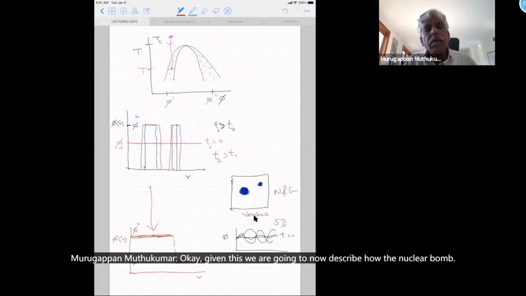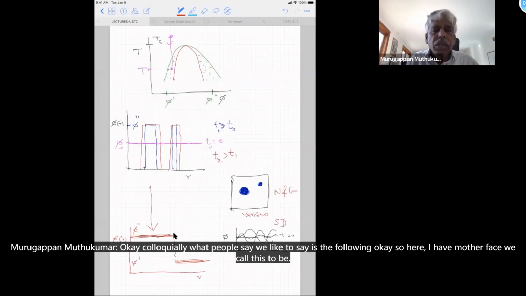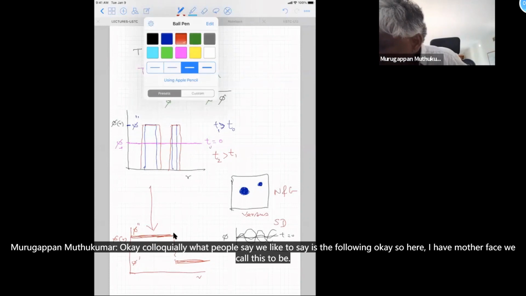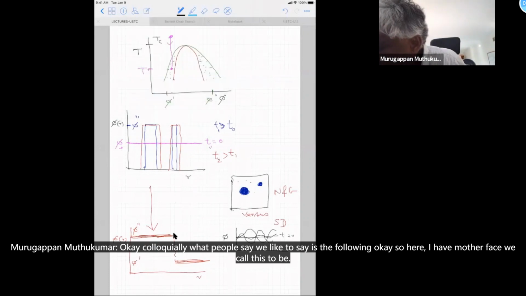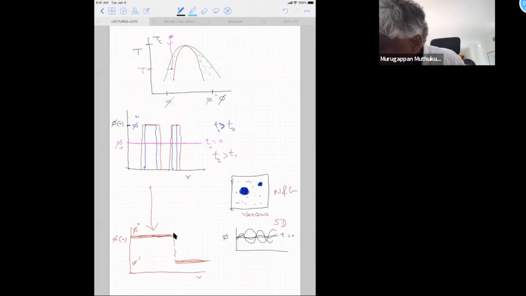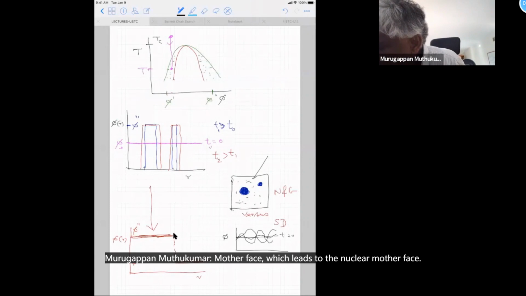Okay, given this, we are going to now describe how the nuclei are born. Colloquially, what we like to say is the following. Here I have the mother phase, which leads to the nuclei.